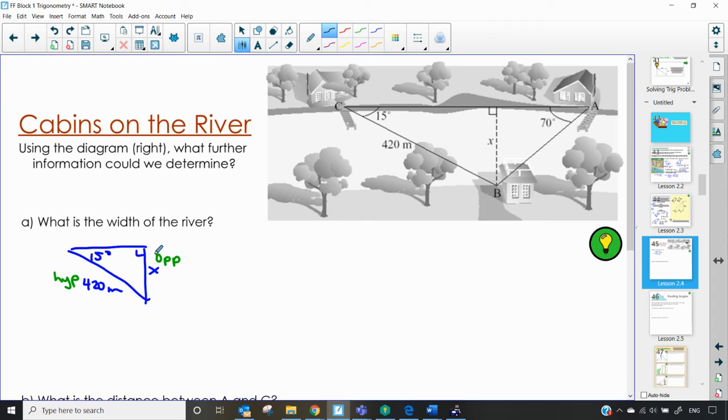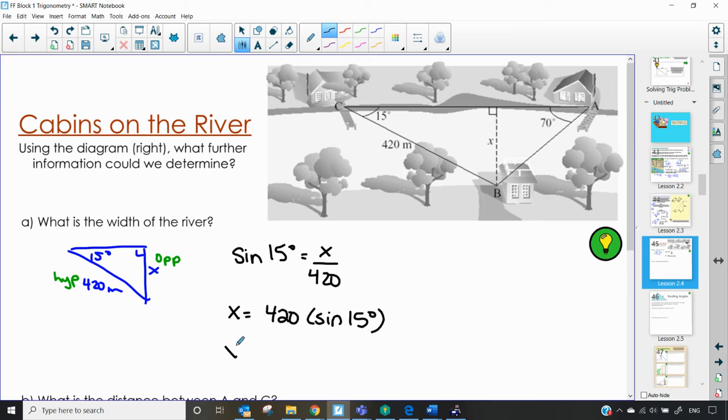So using my trig formulas, opposite and hypotenuse is sine. So sine of 15 degrees is X over 420. Solving, I'm going to multiply both sides by 420. So I'm going to have X equals 420 times sine 15.